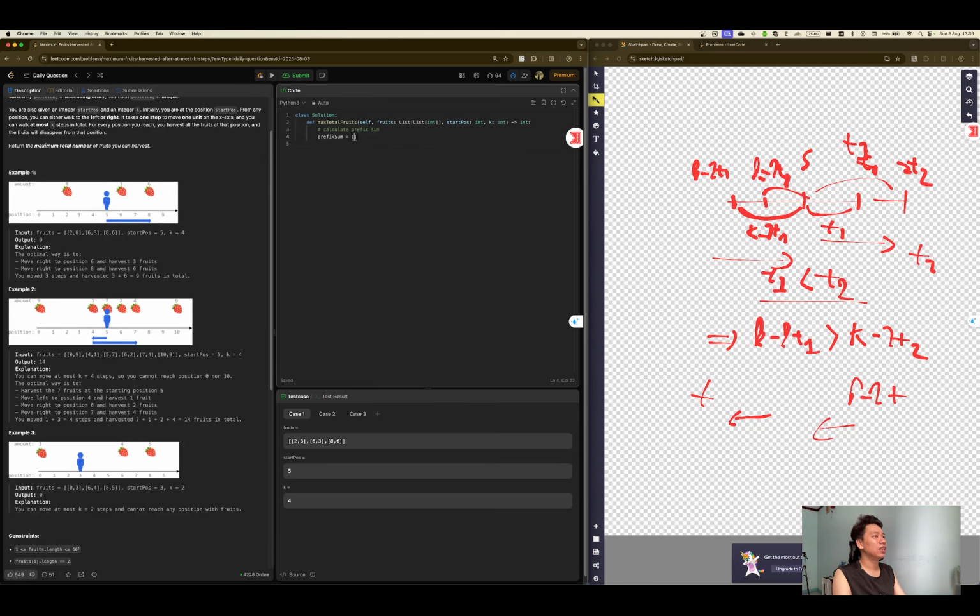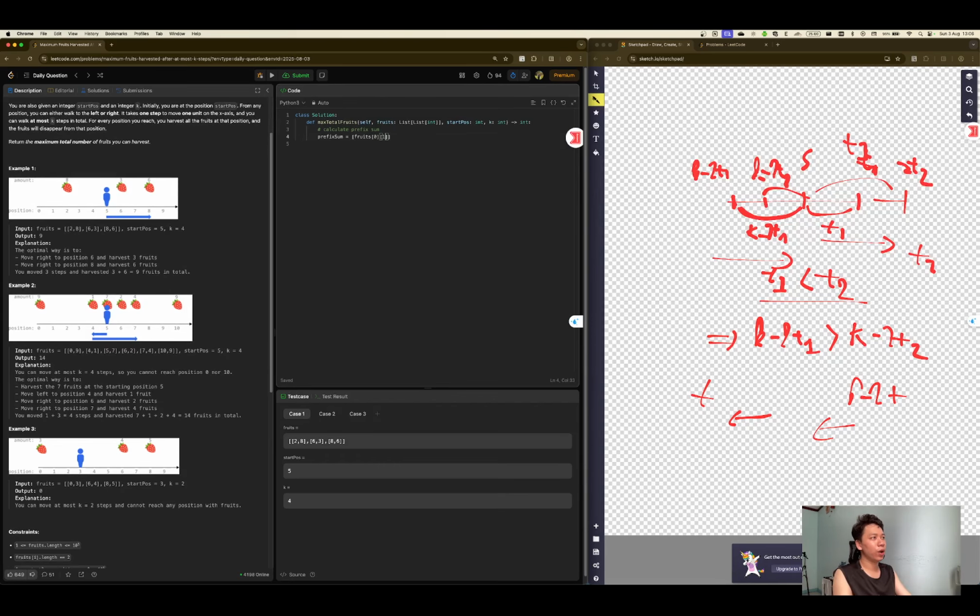I think no. The first element is push 0, then for i in range 2 to length plus one, push prefix sum of i minus 1 plus the i-th value. Okay, we got the prefix sum right now.